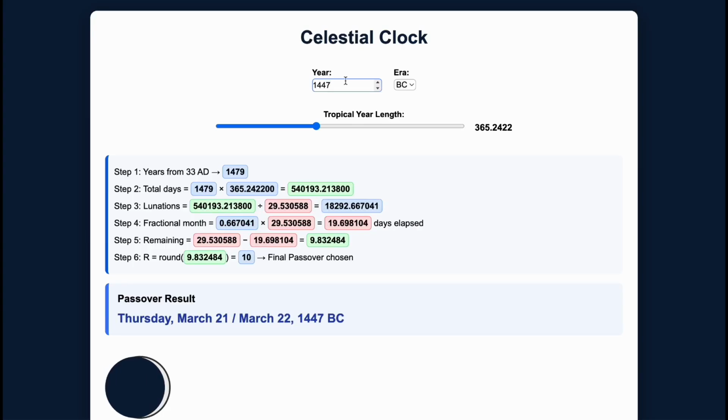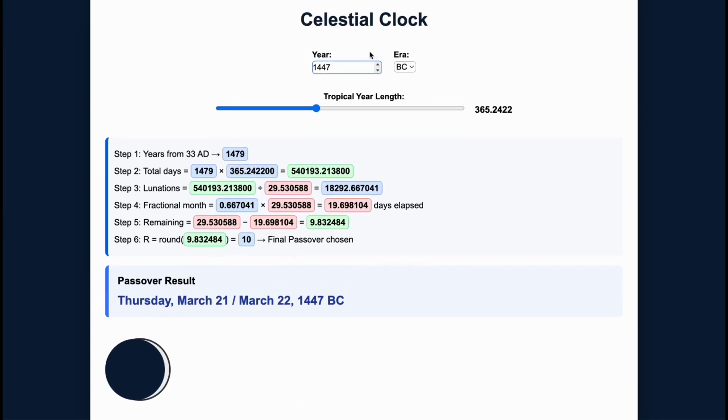In 1447 BC, Passover was Thursday, March 21st / March 22nd, and in 1407 it would be Saturday, March 29th / March 30th. So these are the two dates, the starting date and the end date, 40 years later, when Passover occurs, and we're going to see if this fits with the Bible.